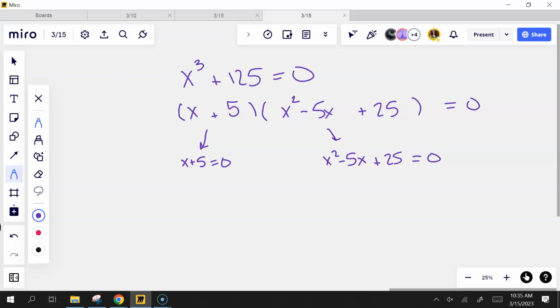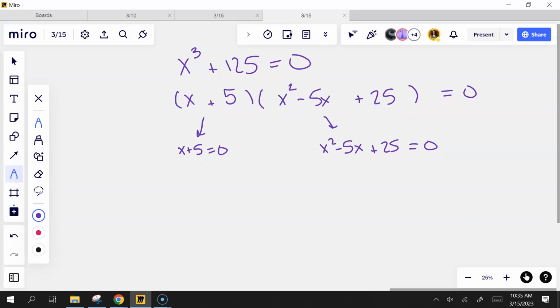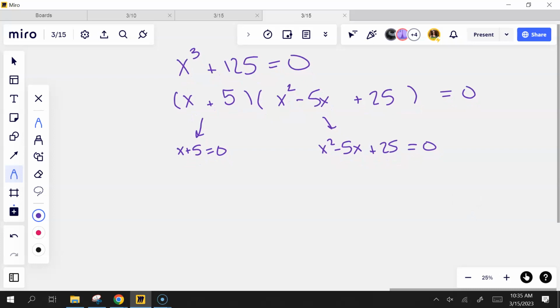When you do the sum or difference of 2 cubes, that big parenthesis that's left is always going to be a quadratic formula problem. You don't have to do that like last week. Last week we weren't solving, we were just factoring. This week we're factoring and solving.